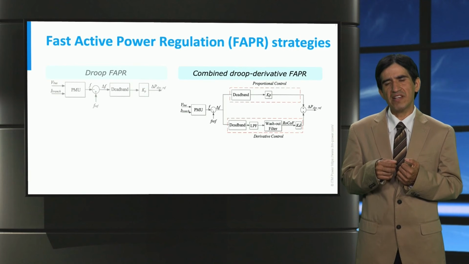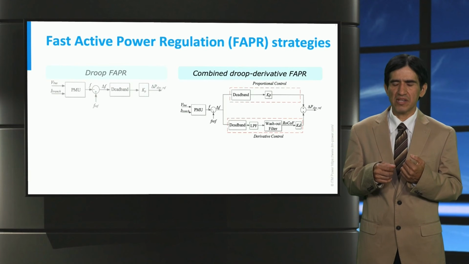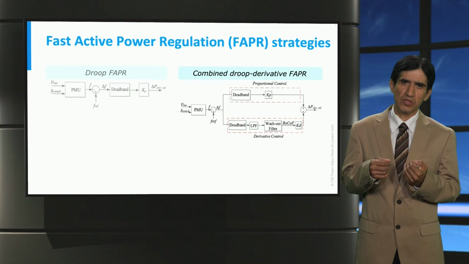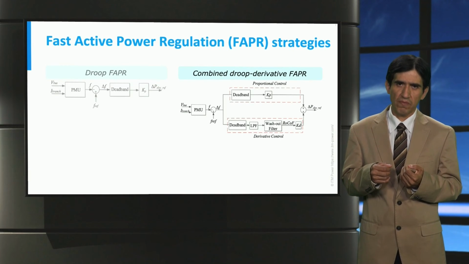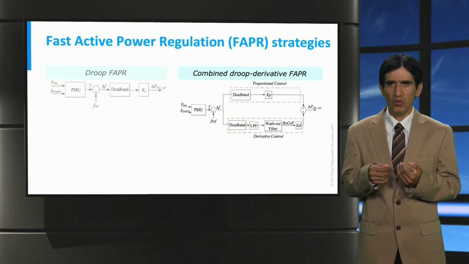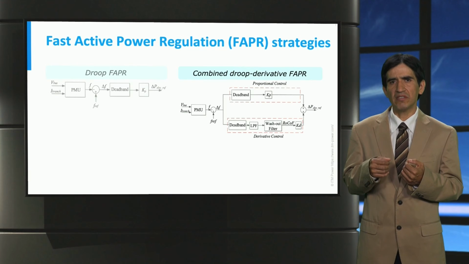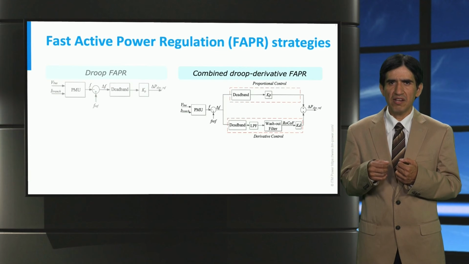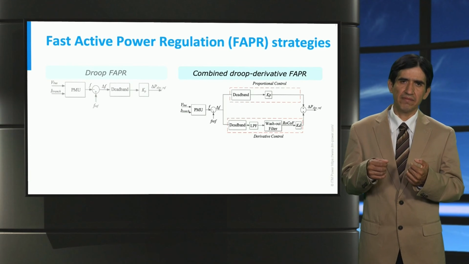Another strategy for fast active power regulation can be defined to perform in a combined droop derivative fast active power regulation. This strategy is composed of two loops, where the first one performs a proportional control action, and the second parallel loop, called the derivative loop, takes into account the frequency derivative, which senses the rate of change of frequency, and then performs a fast adjustment of active power by using a washout filter and a gain.